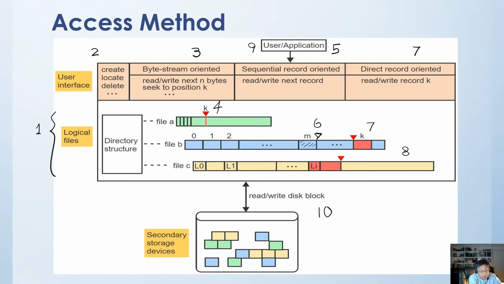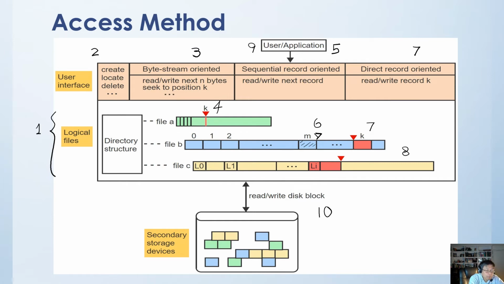Okay, let's summarize what we have talked about. We have 3 different files: files as an unstructured string of data, files as fixed length records, and variable length records. We also talked about the different access operations for each file type.